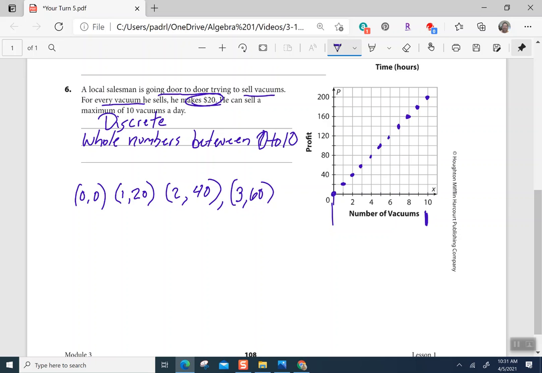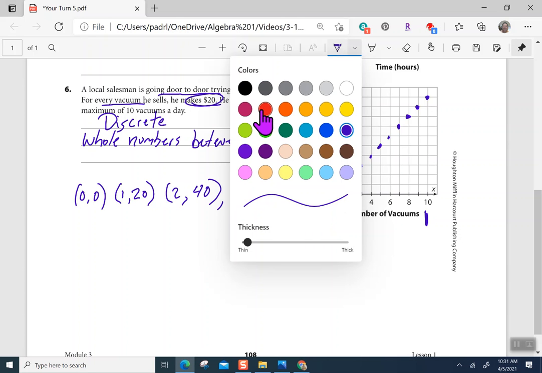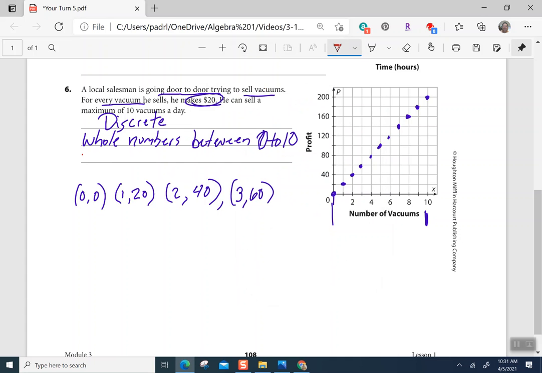Now we want to do the same thing, except I'm going to change my color so it's a little bit easier to see. And we're going to start off by saying, all right, so if that's the case, then if I start right here, and I go all the way up to here, let's see, I'm going to make 20, 40, 60, 80. So it looks like we're counting by 20s.